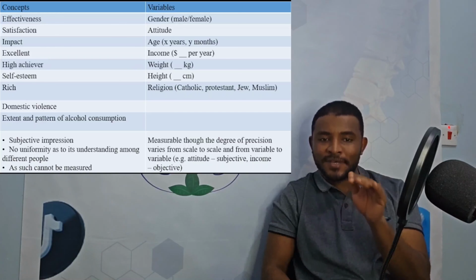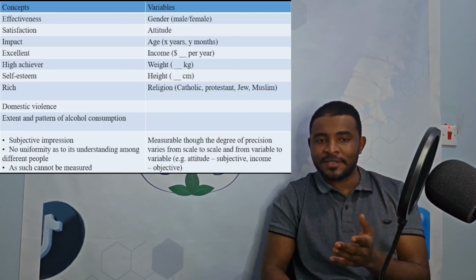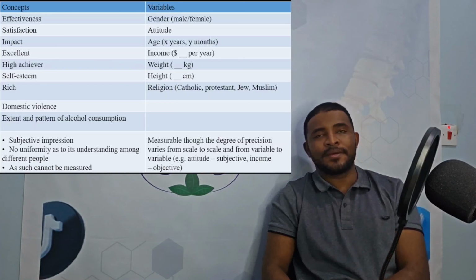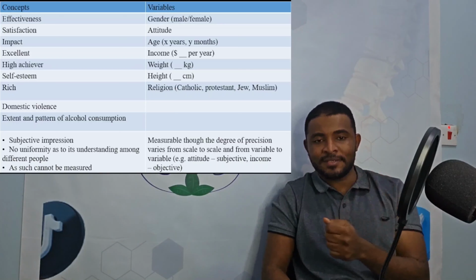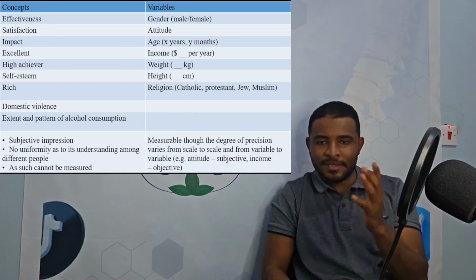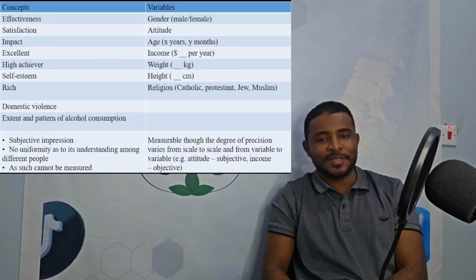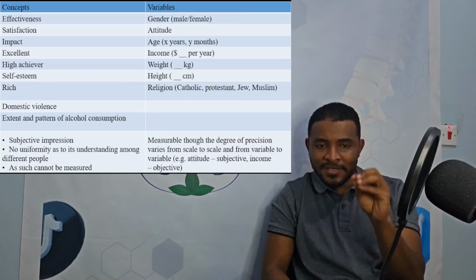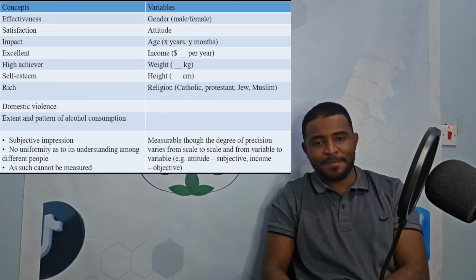But effectiveness, satisfaction, impact, excellent, high achiever, self-esteem, rich, domestic violence cannot be measured. For example, I want to study patient satisfaction in some surgery, whatever the type of surgery. You cannot measure the satisfaction of patients unless you translate this satisfaction to variables, measurable concepts.